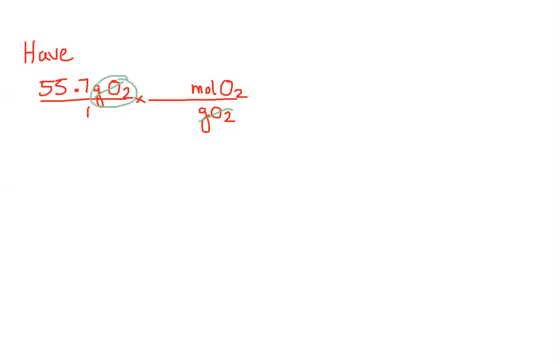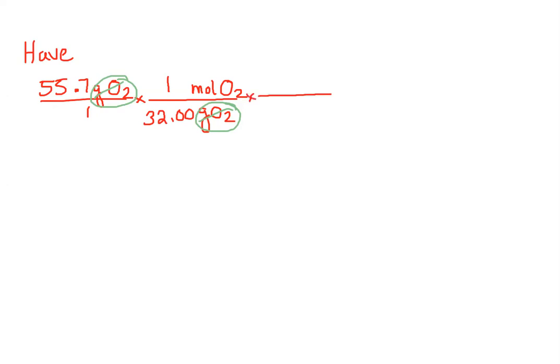Whatever you have here has to go here. And you have 1 mole. Moles always go with 1 when there's grams on the other, either on top or bottom. And grams you get from the periodic table, 32.00. You look on your periodic table, oxygen is 16, 2 16s is 32.